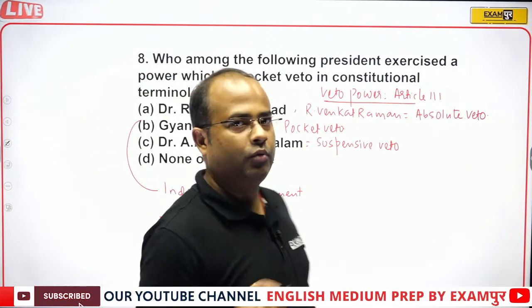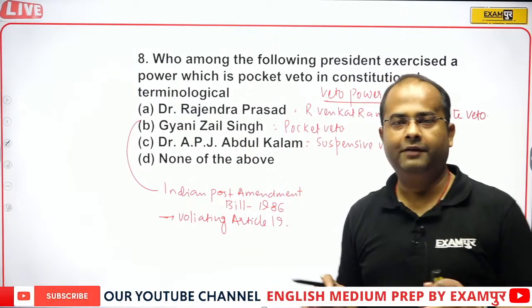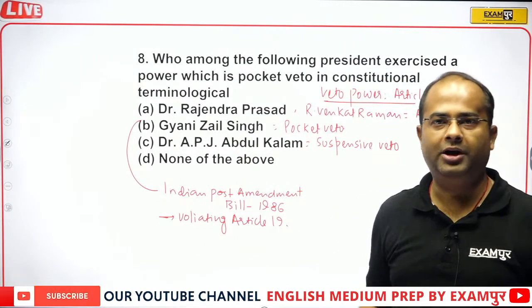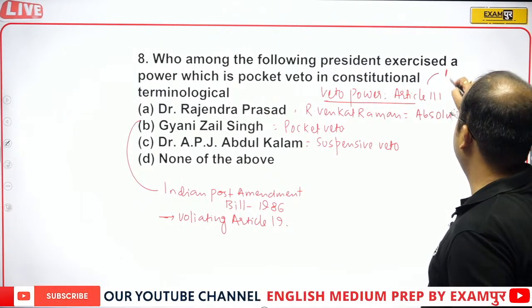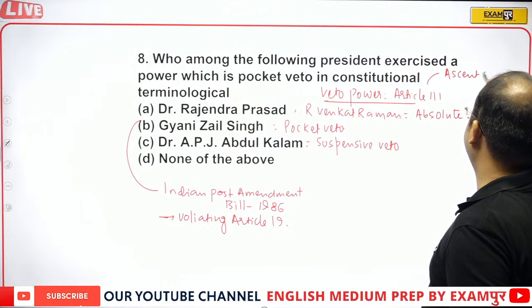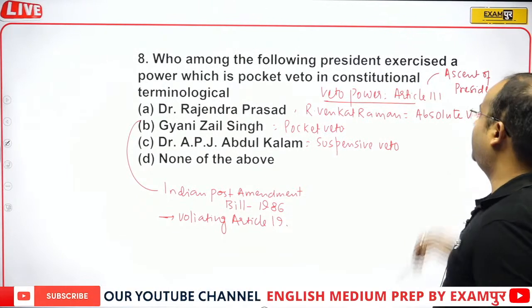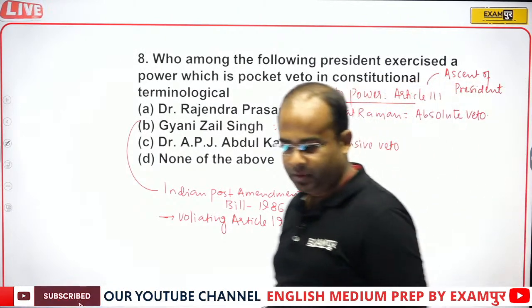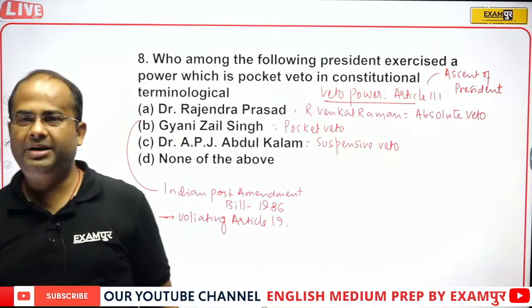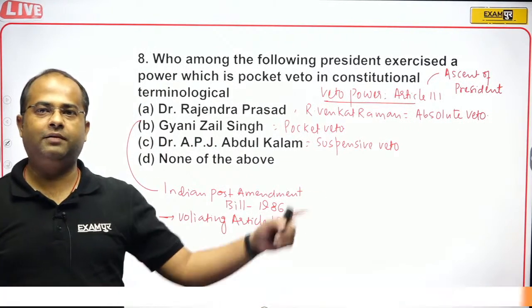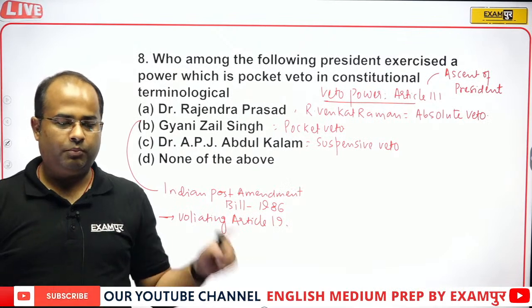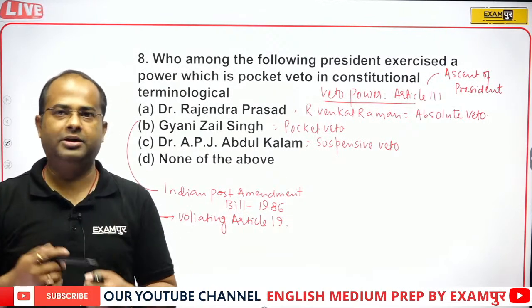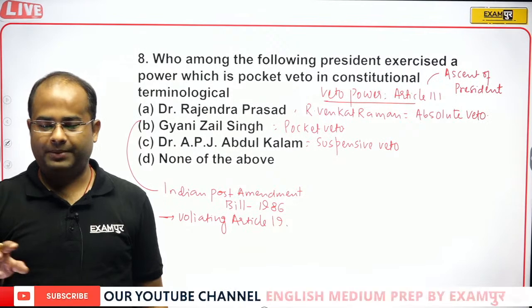And veto power, what does it mean? To forbid. And if the president will not forbid, what will he do? He will just sign the bill. So in other words, it can be said as assent of the president. Assent of the president simply means approval of the president, and if the president does not give approval, he will veto. So both are the same, only the language differs. How will the president give the assent?